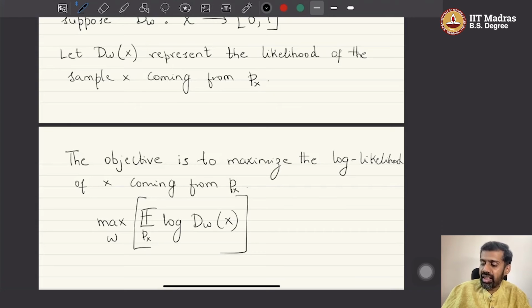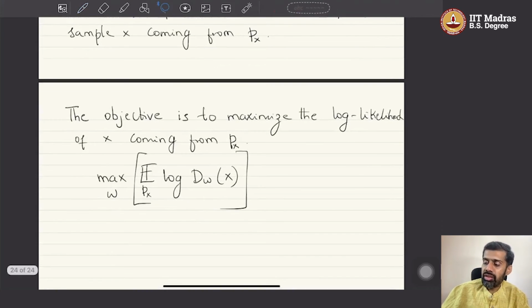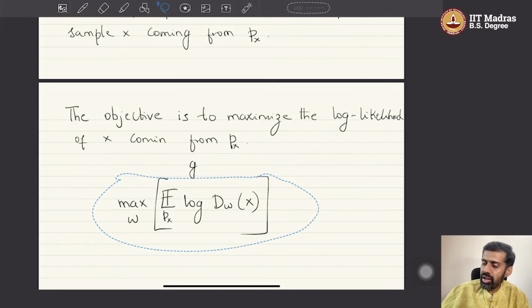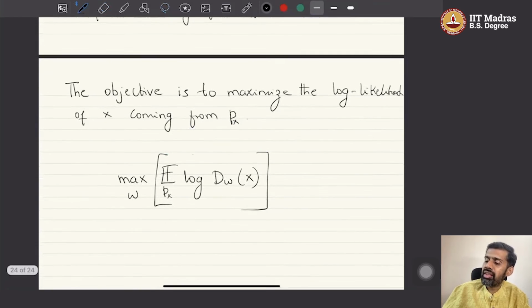For any classifier, the objective is to maximize the likelihood of data coming from the distribution of interest. So we want our classifier to be learned in such a way that we maximize the likelihood of the data coming from px. So our w star for the classifier has to be such that we maximize the likelihood of obtaining the data from px. That's how we will train the classifier.